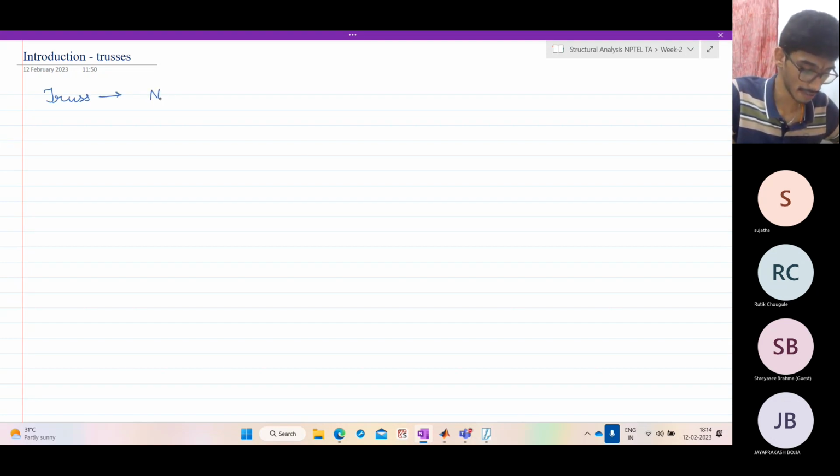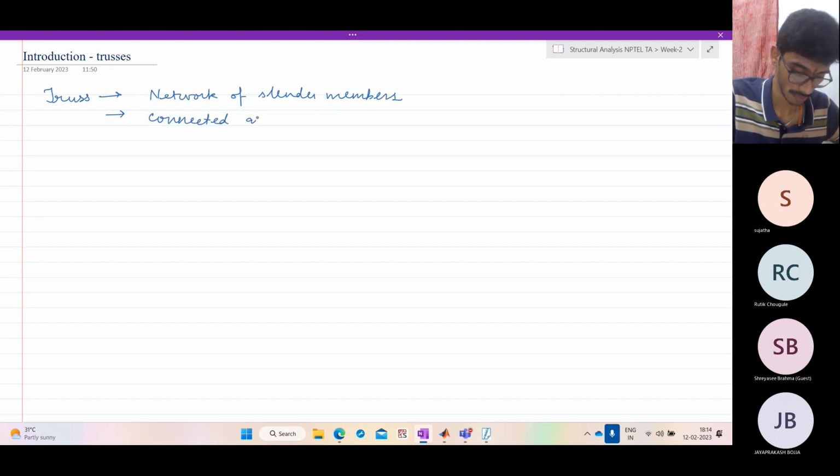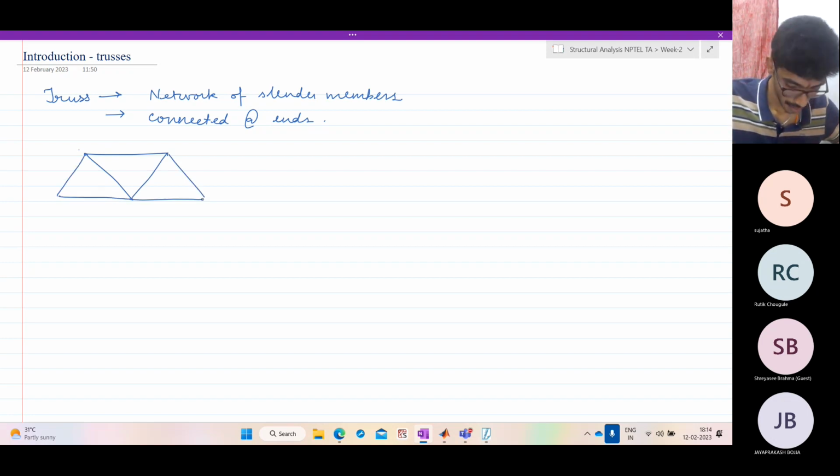A truss is a network of slender members connected at the ends. You know how they look. For example, this is a truss. Each of these is a slender member. They're all connected at their ends. They're not connected anywhere in between.